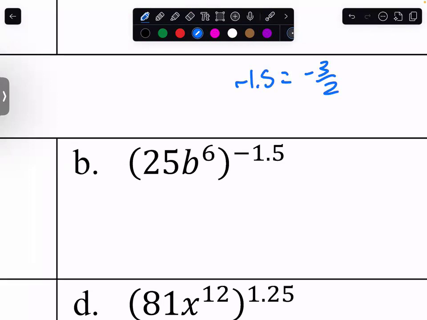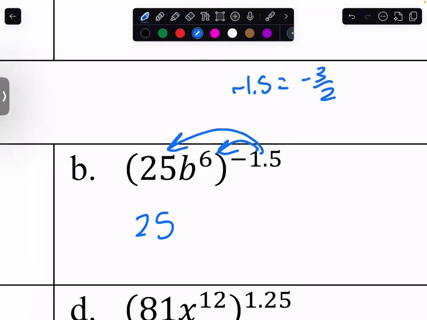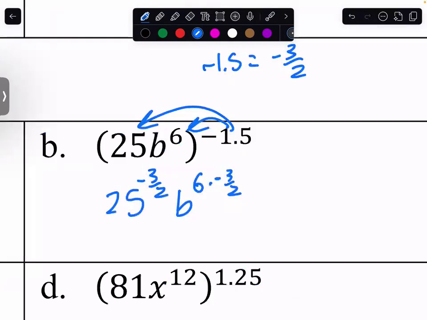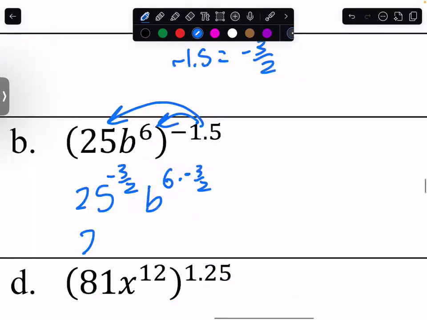So when we distribute this out, 6 times -3/2 becomes -9.